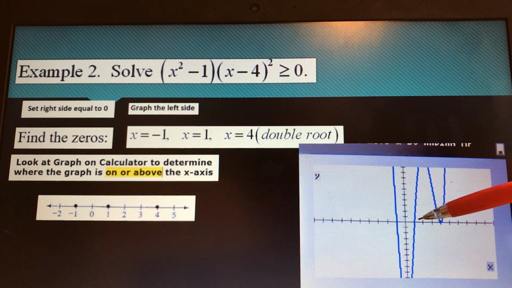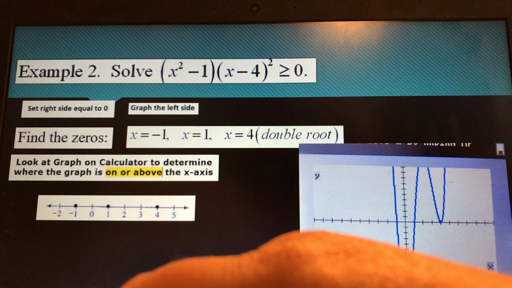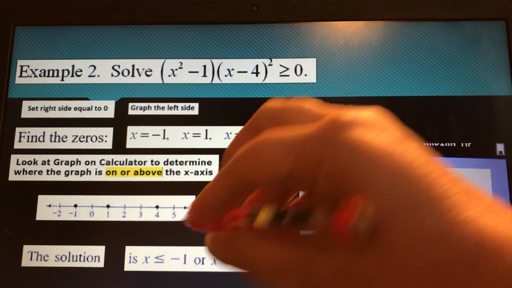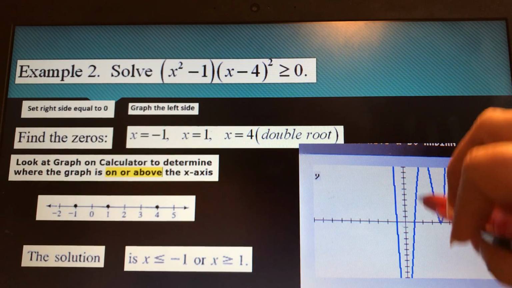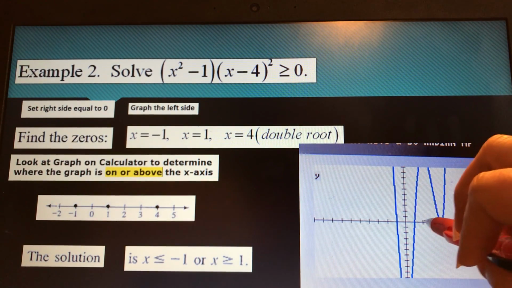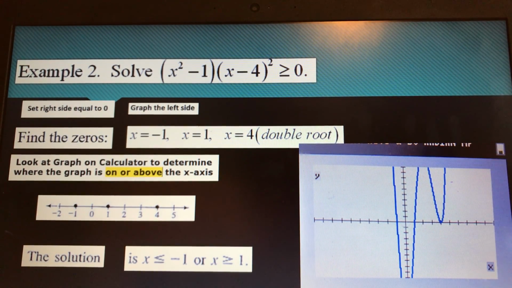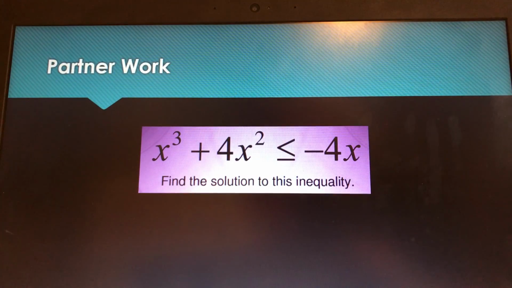It's also greater than for this whole section here. Even here, this is equal to 0, and we can include that point because we're looking at equal to. So our sections will be x is less than or equal to negative 1, and also x is greater than or equal to 1, and we want to include that entire thing. Now what I would like for you to do is to work on this question with your partner.